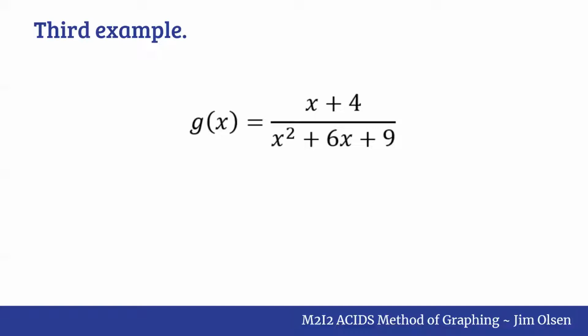Like if I put in 1,000, this is going to be 1,000 and change. 1,000 squared is 1,000,000. 1,000 divided by 1,000,000 is something tiny. So the horizontal asymptote in this case is y equals 0.